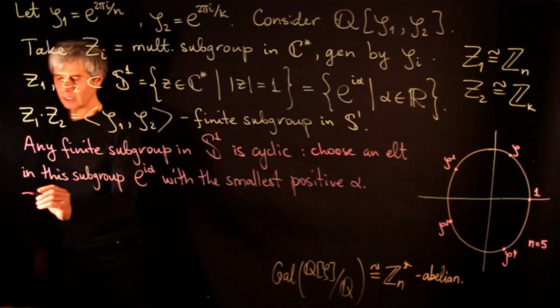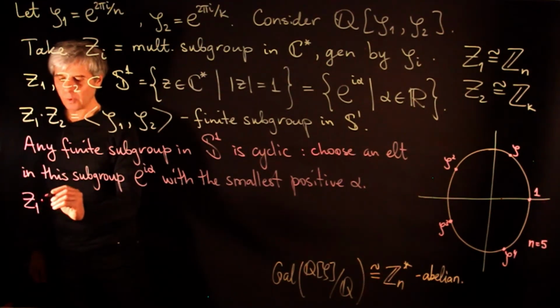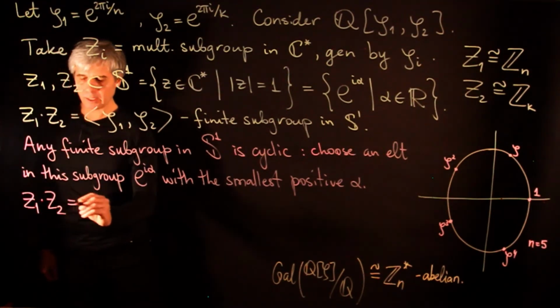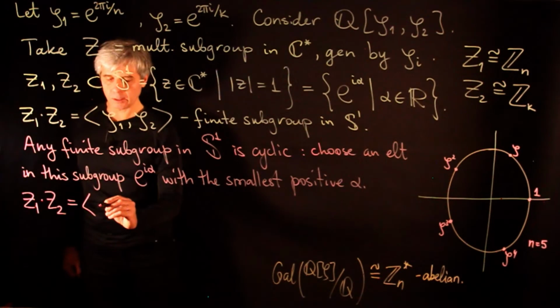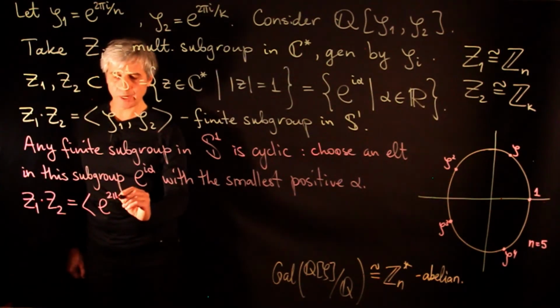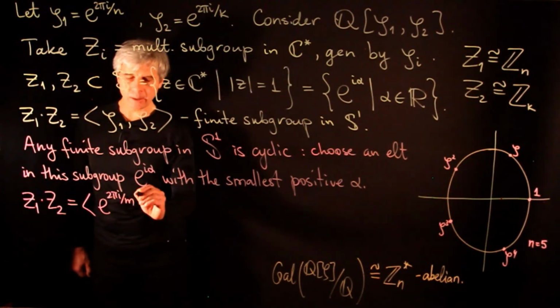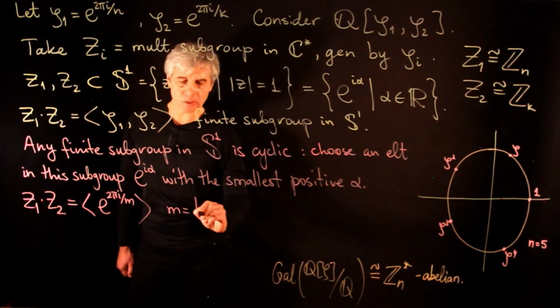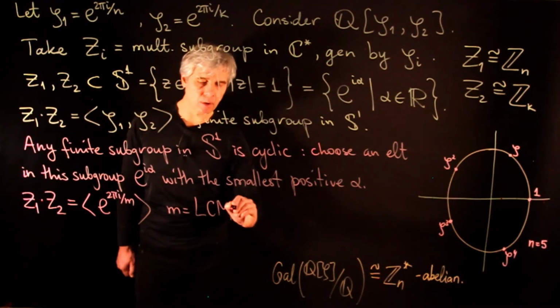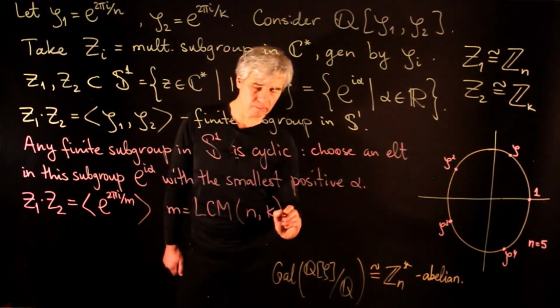And then it's easy to see that Z1 times Z2 is generated by e to the 2 pi i over m, where m is the least common multiple of n and k.